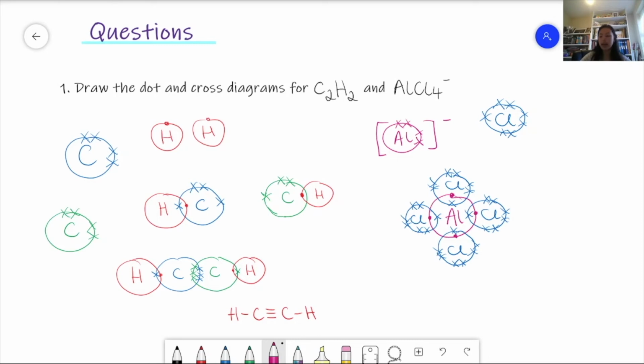So there should be a minus here, or you can draw it this way. So that's an AlCl4- ion. And so it looks like this if you draw the stick diagram. And don't forget the minus for the ion.